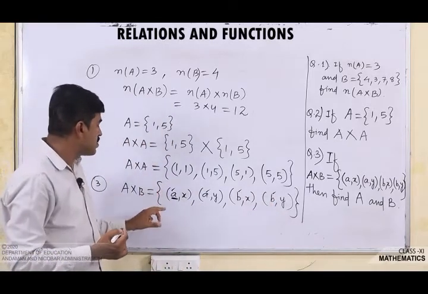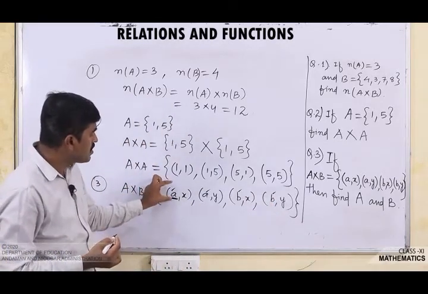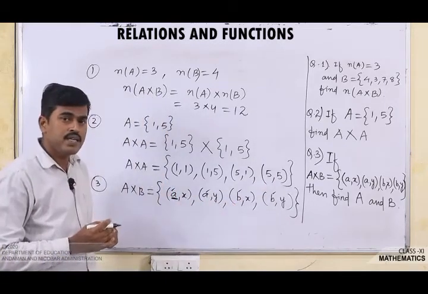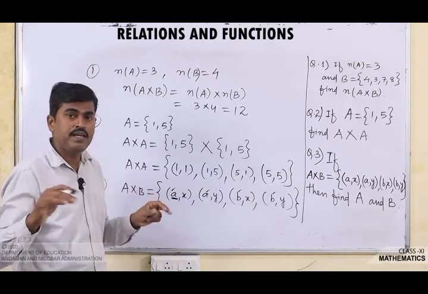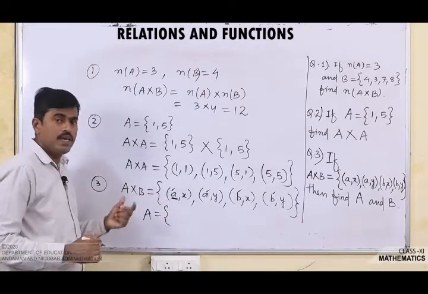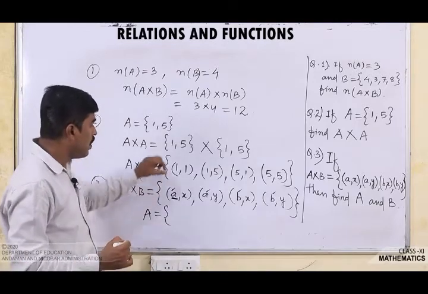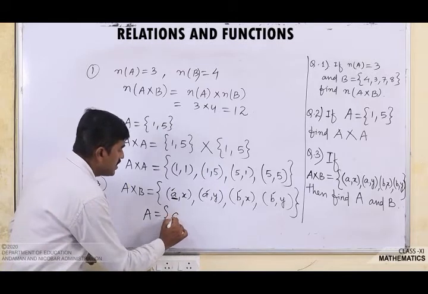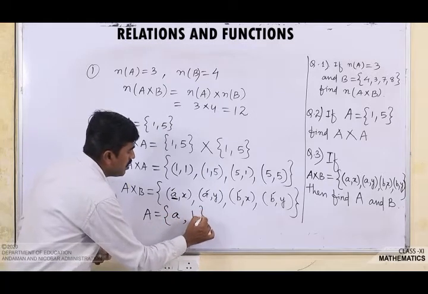The first elements belong to A. So the first elements are a, a, then b, b. We know that in a set we generally do not repeat any element. So what is A? A is equal to, we just have to write all the first elements in this A. So A is the set containing the elements a, b.